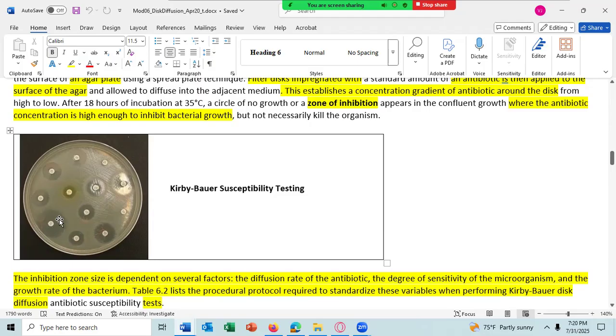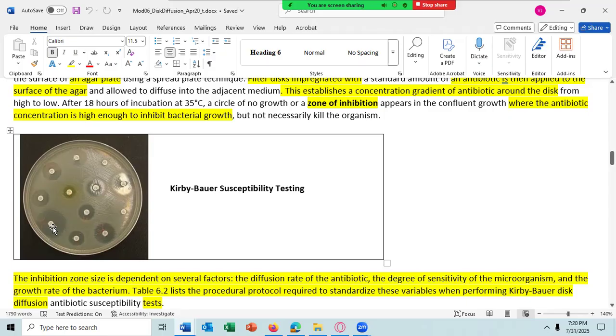Anyways, the sensitivity of the microorganism to the antibiotic will also determine the zone of inhibition. And generally, when the zone is large, you say the antibiotic is sensitive, although we just discussed an exception. And when it's small, the antibiotic is not as sensitive. The growth rate of the bacterium can also affect the zone of inhibition.